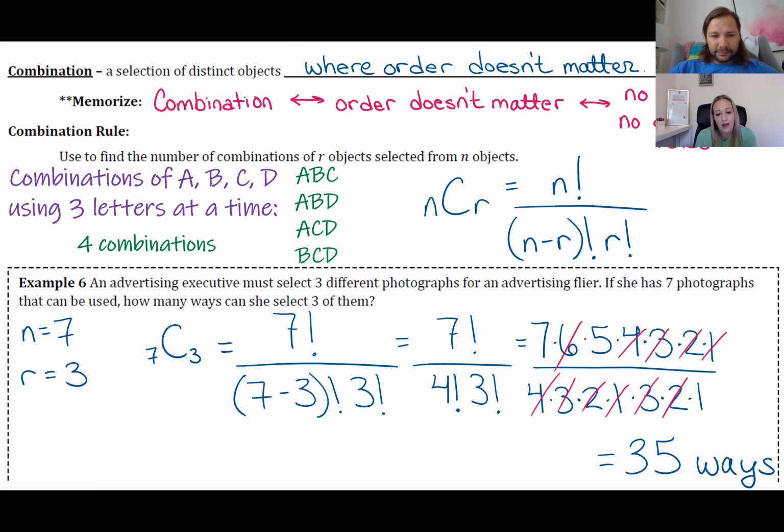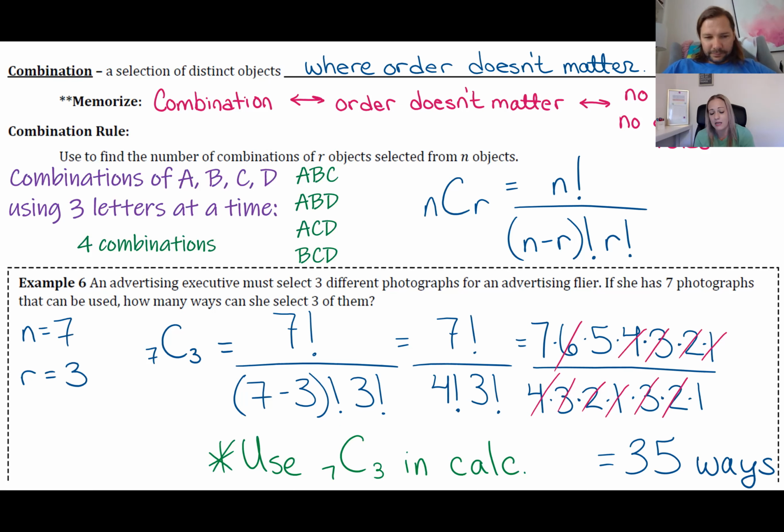Now, again, you don't have to do it out by hand with the formula. You can put this in your calculator. You've probably seen it by now if you've been playing around with your calculator. If you go to math over probability, the third one down is the combination. You'll see in your calculator it says NCR. You can select that, type in the 7 and the 3, and your calculator will give you the same answer.